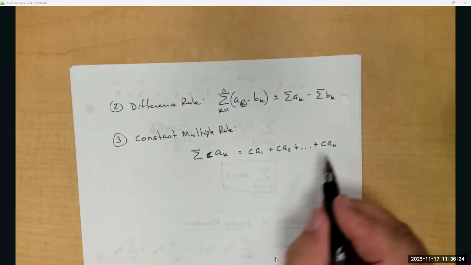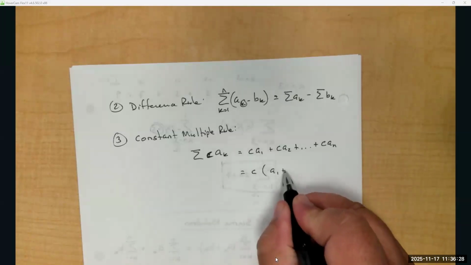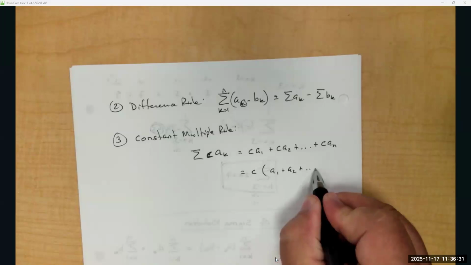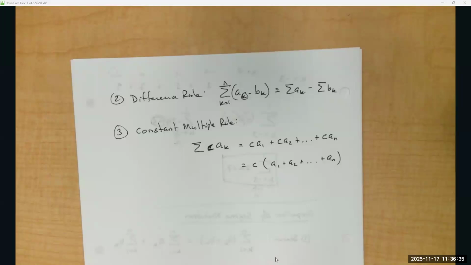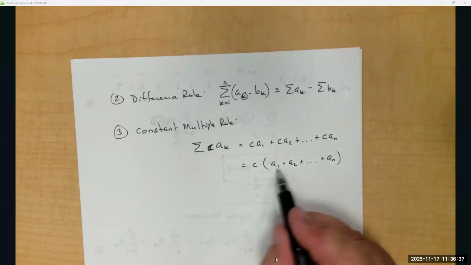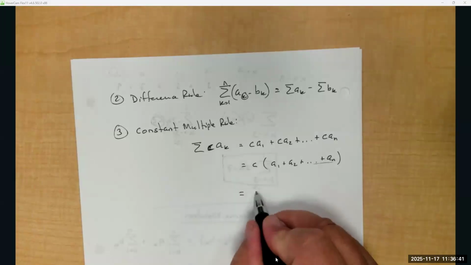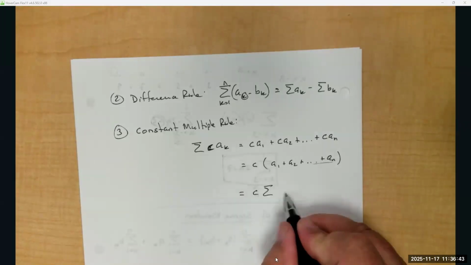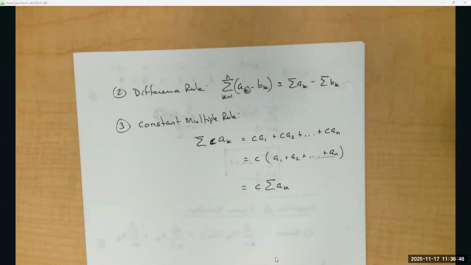And since all of them have a c in common, I can factor out the c. And then I have my summation. So if you have a constant multiple, that constant multiple can go out in front, and then take the summation of whatever you have and multiply it by the constant at the end.